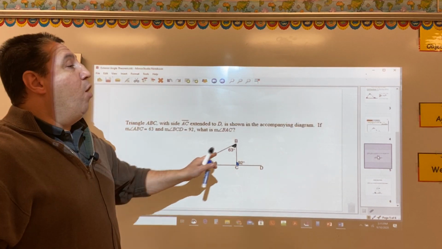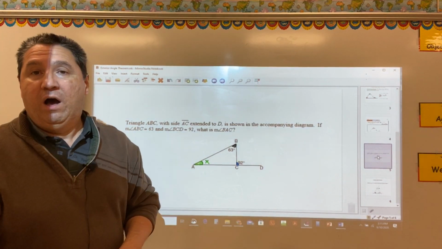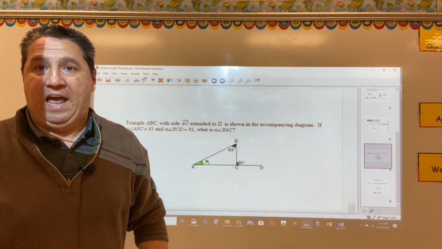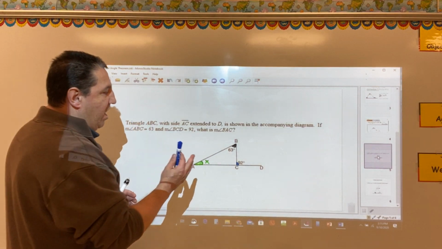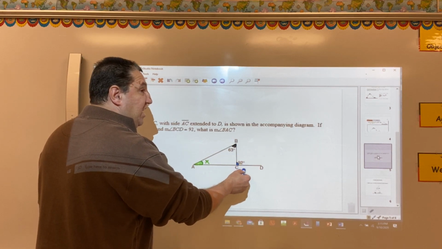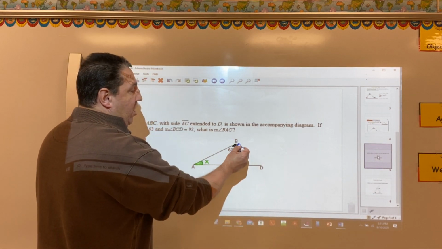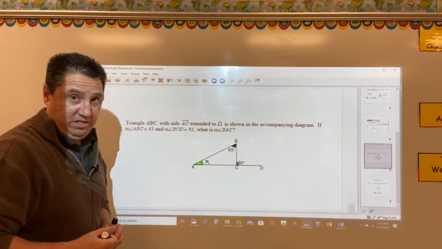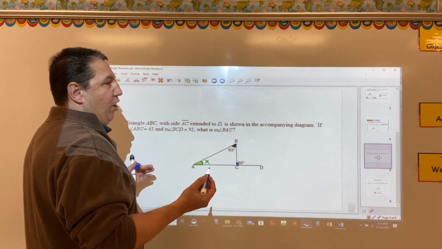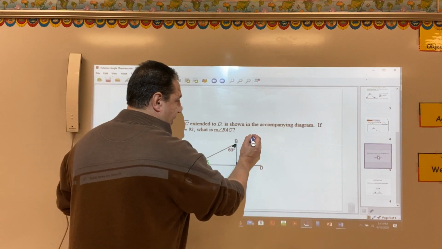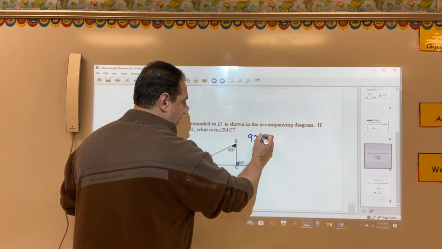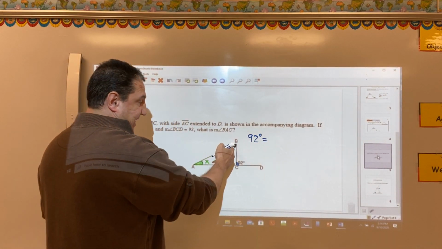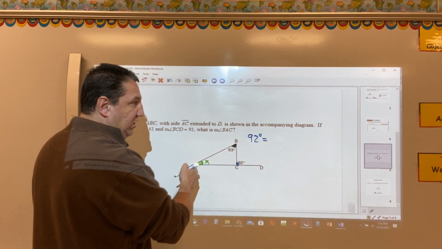Now, how do we find the missing angle? By using the exterior angle theorem. We know the measure of the exterior angle equals the sum of the remote interior angles. So, we write the equation. First, we write 92, this is the exterior angle, equals the sum of the remote interior angles.